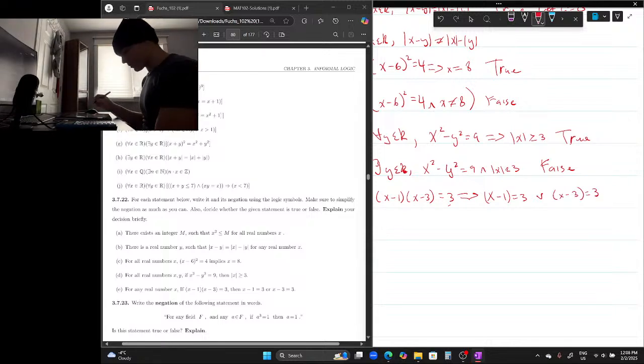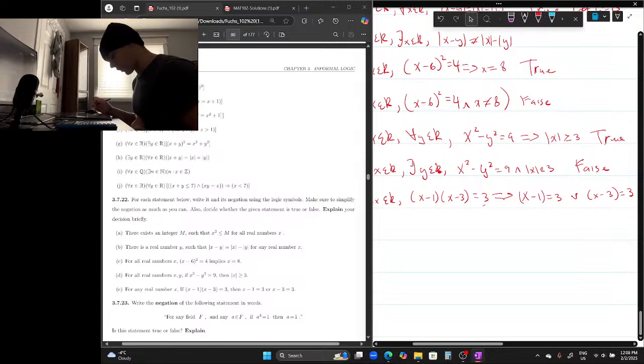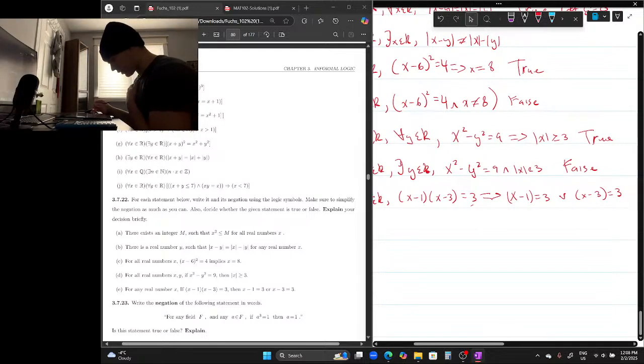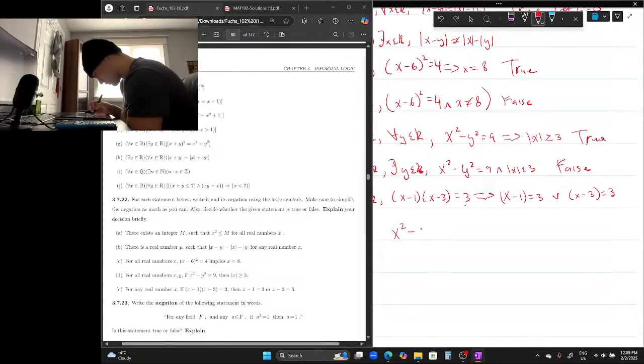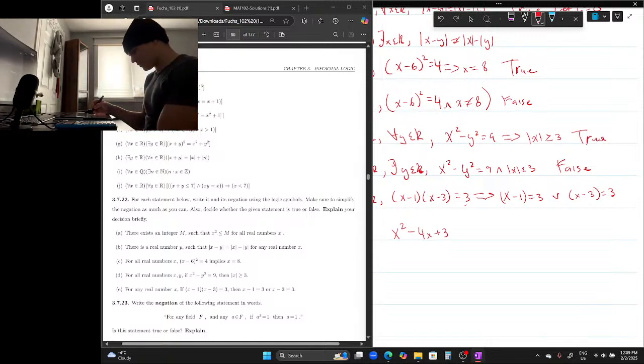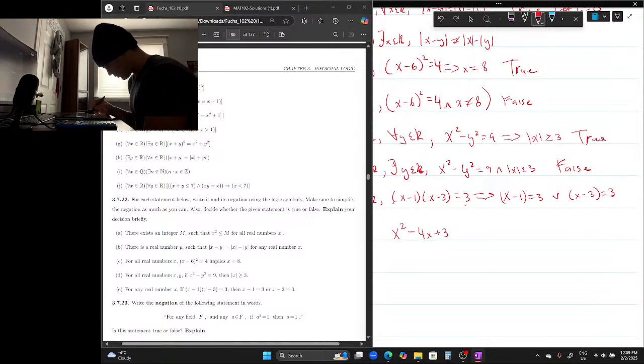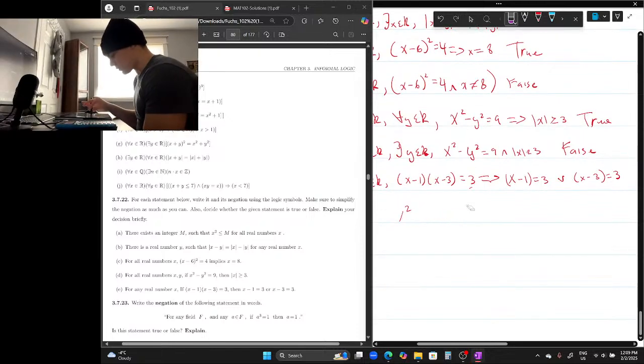Okay, what are we reading? So x minus 1 times x minus 3 is equal to 3, then... Okay. So if we expand this it becomes x squared minus 4x plus 3, I think. Wait, sorry.